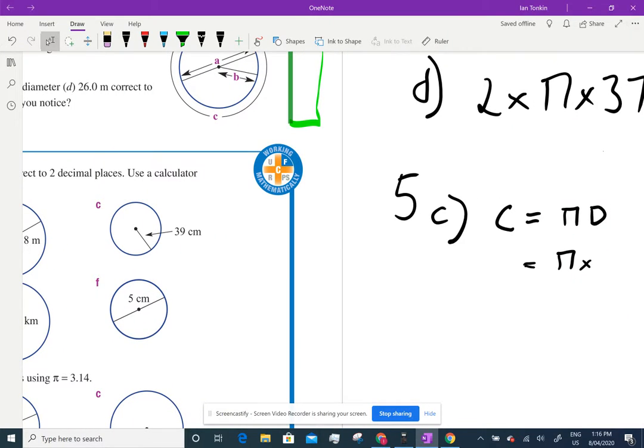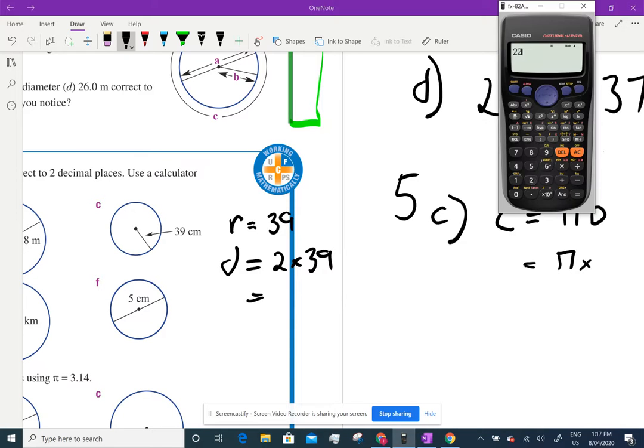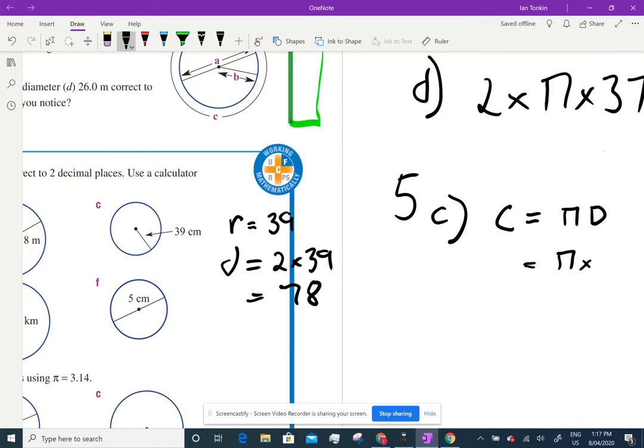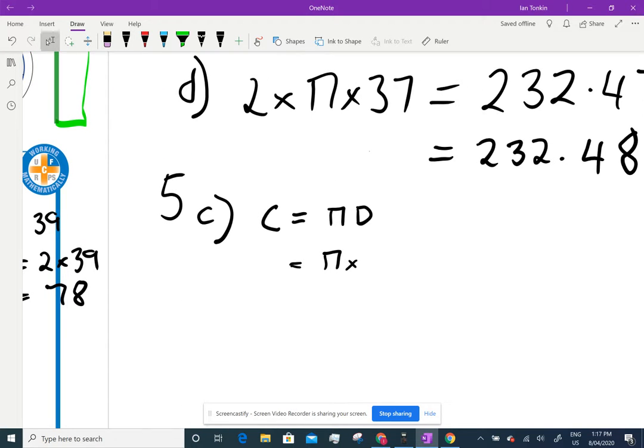They've given me 39. So if the radius is 39, the diameter equals 2 times 39. And I'll go to my calculator. 78. So the circumference is pi times 78.